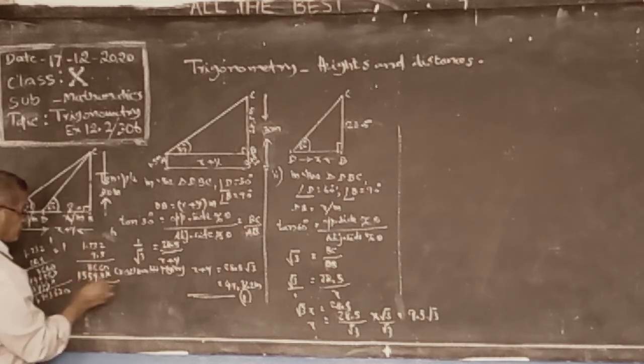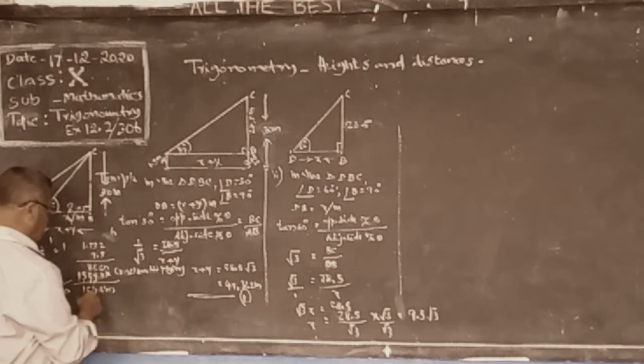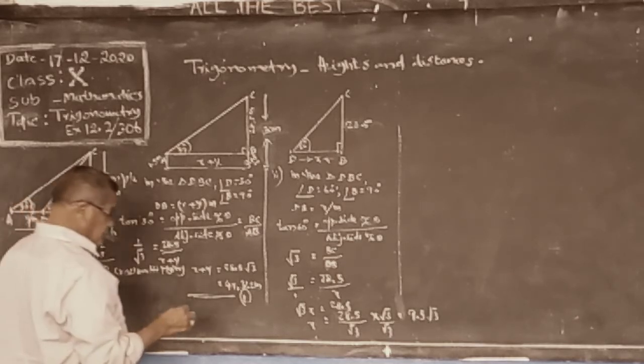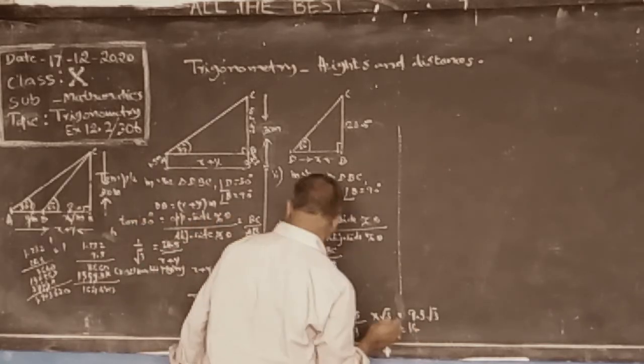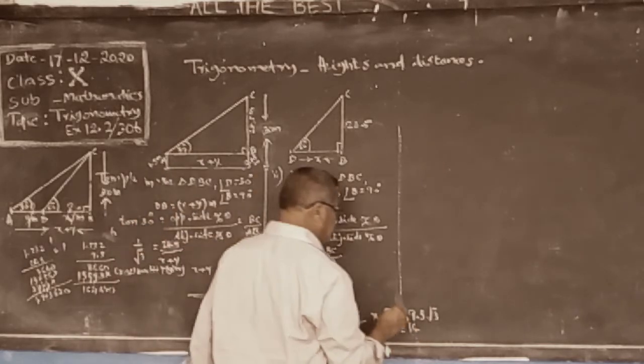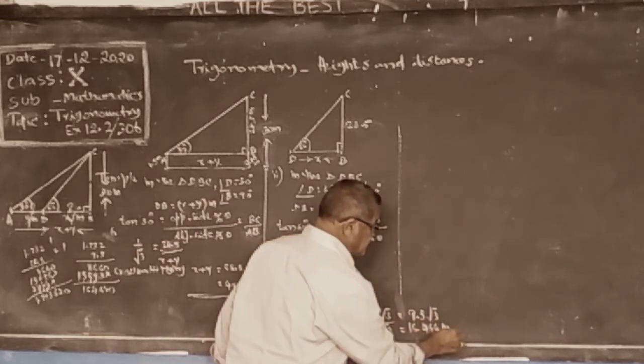Decimals 4. So x is 16.464 meters. Say this is second.